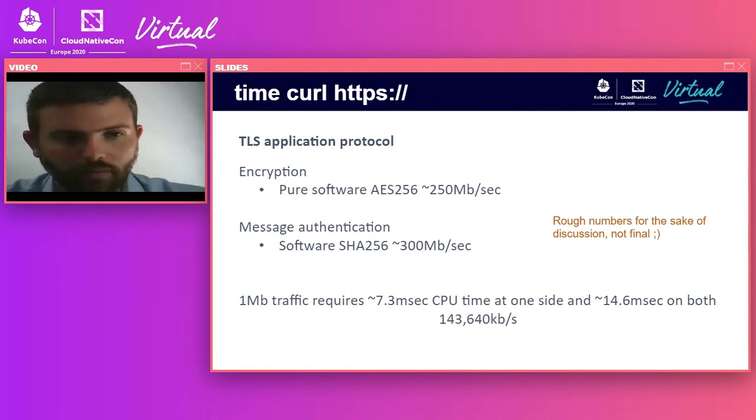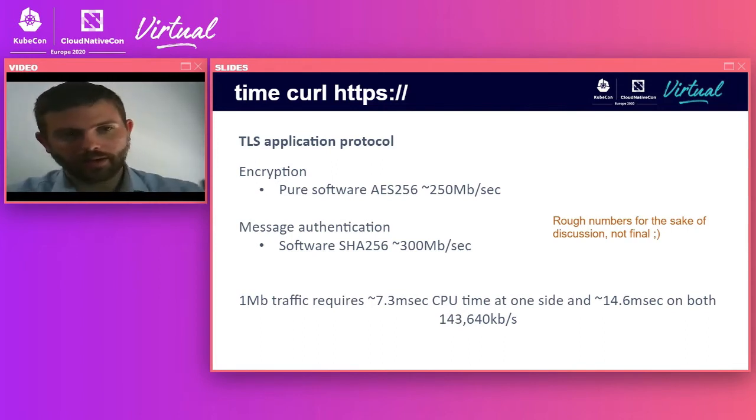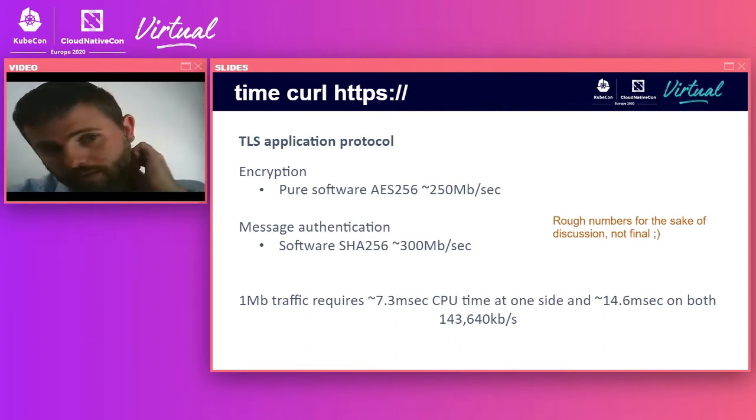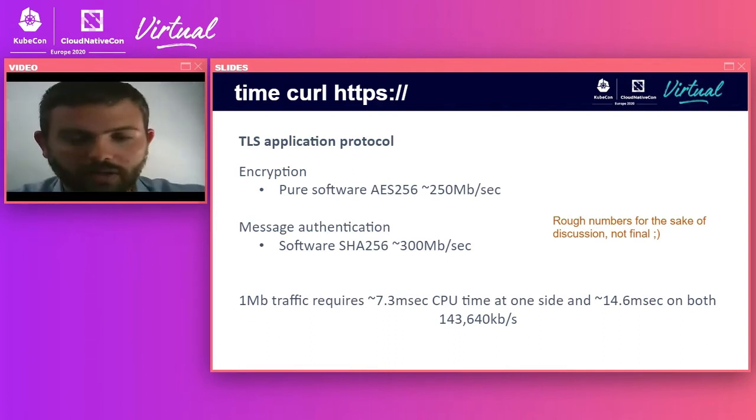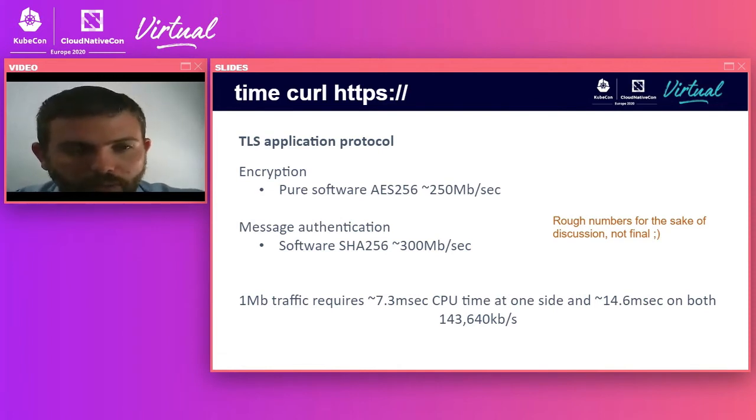Okay, and these are rough numbers. We'll try to improve them at the end, but this is a good start. And from this, I could see that we need to calculate with something like 143 megabytes per second as a bandwidth for a CPU.